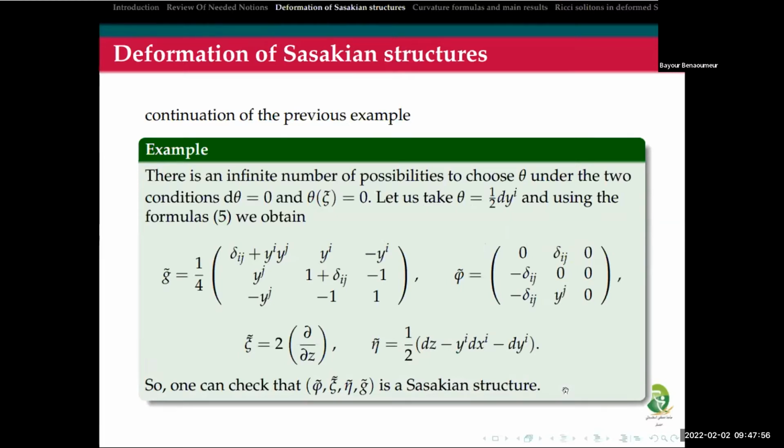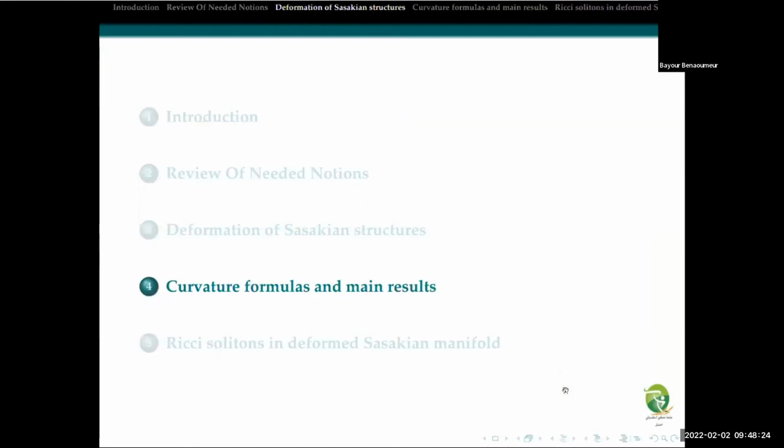Let us take theta equal to half the differential of y, and using formula 5, we obtain the new structure g tilde, phi bar tilde, xi tilde, eta tilde. One can check that the new structure phi bar tilde, xi tilde, eta tilde, g tilde is a Sasakian structure.